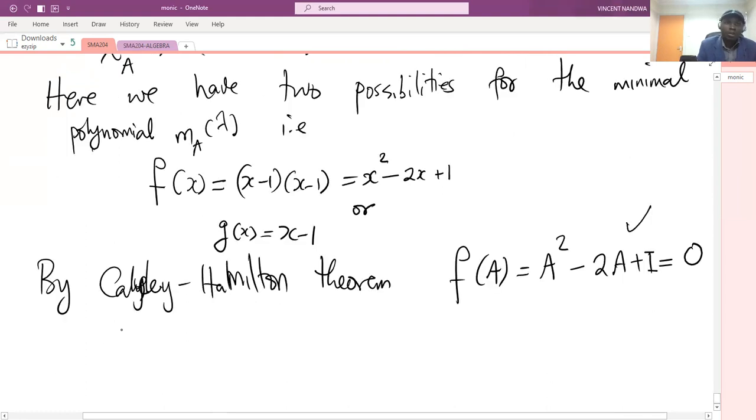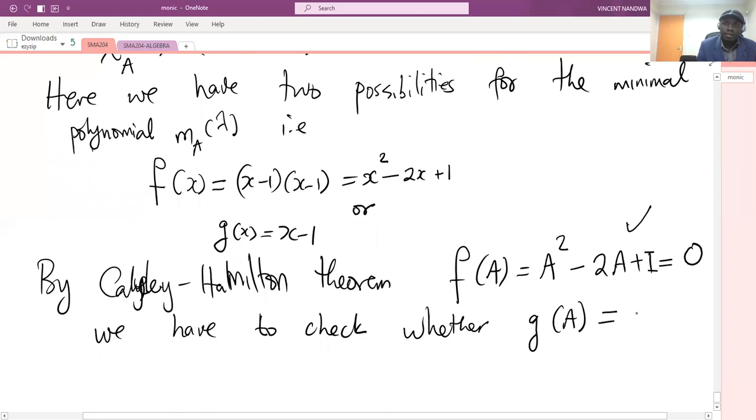So we have to check whether g of A is the zero matrix.